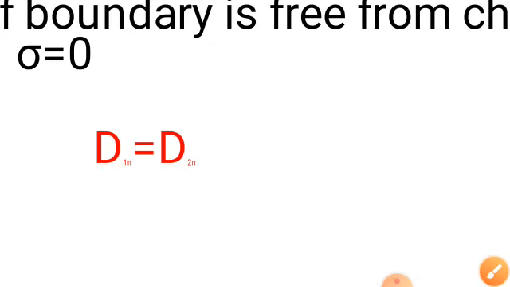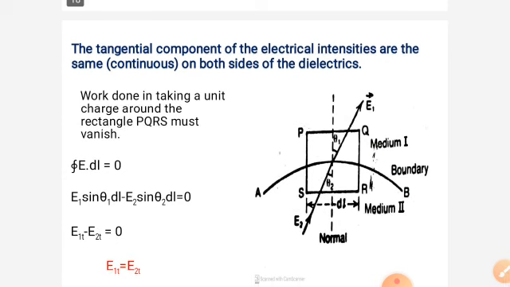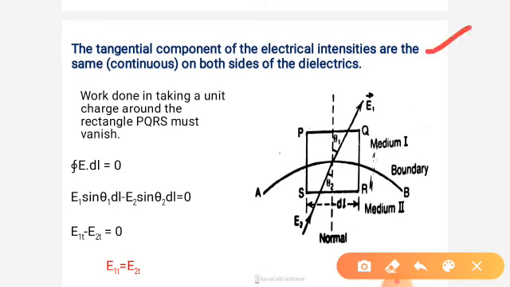This is the first boundary condition. And second boundary condition is tangential component of electrical intensities are the same on both sides of the dielectrics, that is continuous on both sides of the dielectrics.